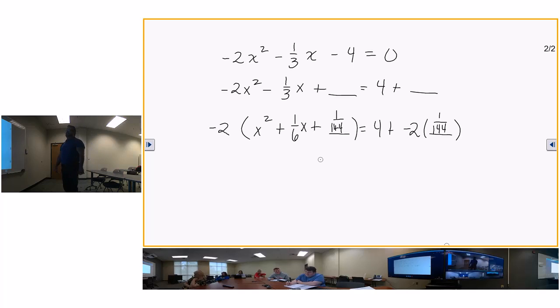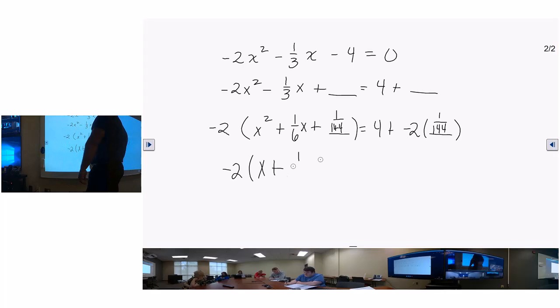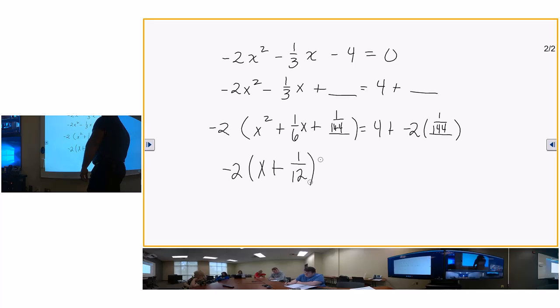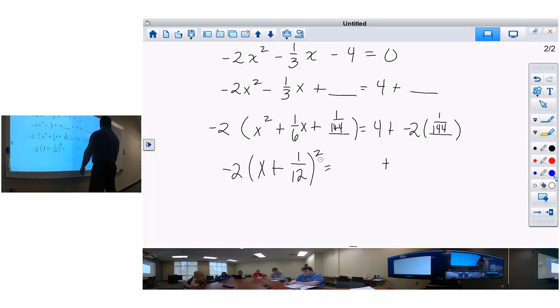All right, so that gives us shortcut number 1. So negative 2 times x plus 1 over 12, quantity squared, and that's going to be equal to, oh gosh, we might as well quit, because we got all this mess and I don't want to do it, so let's just erase it. So I'm going to put negative right here.